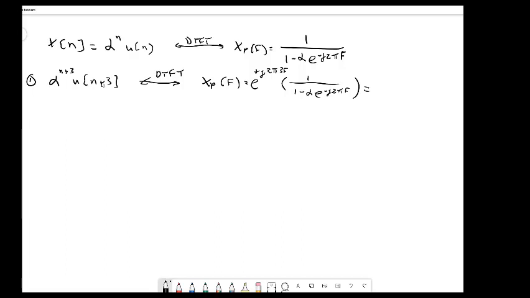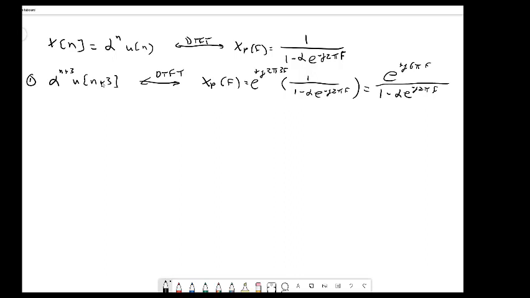And if you wanted to simplify that, it's an e to the plus j 6 pi f in the numerator over 1 minus alpha e to the minus j 2 pi f in the denominator. So that's a straight direct application of the time shift property.